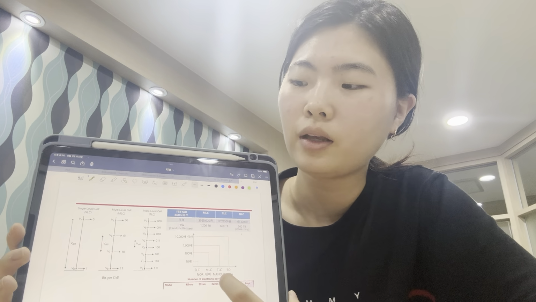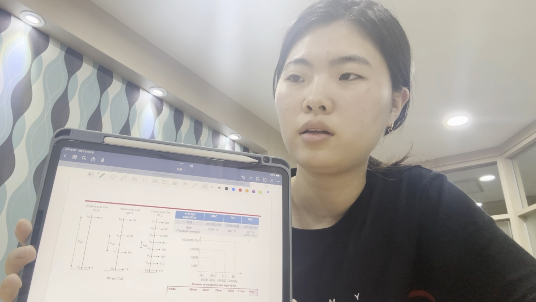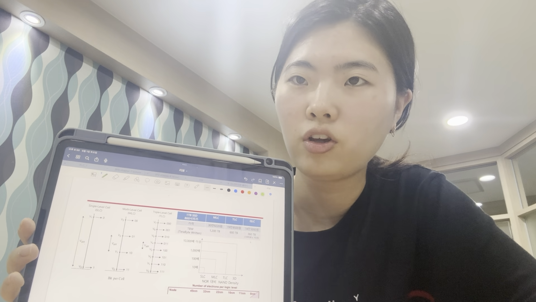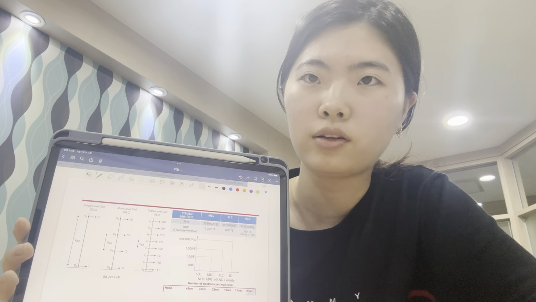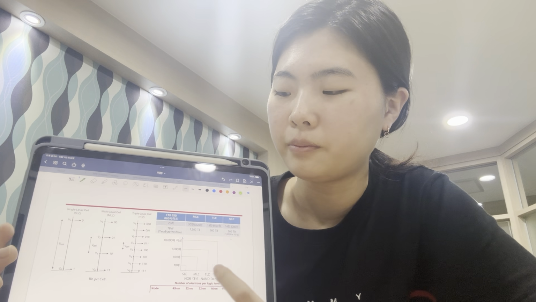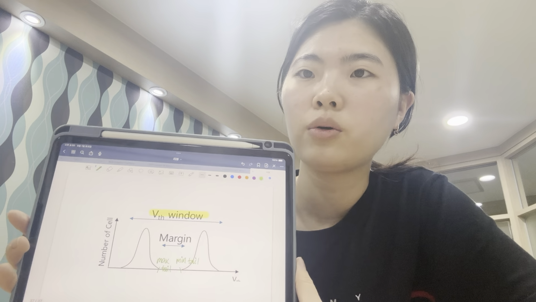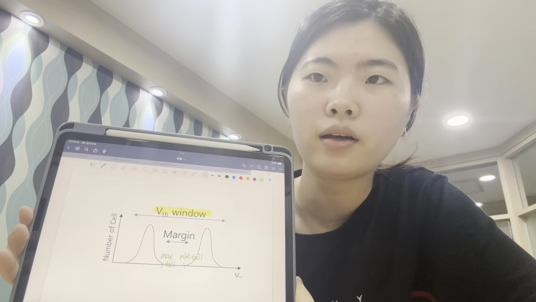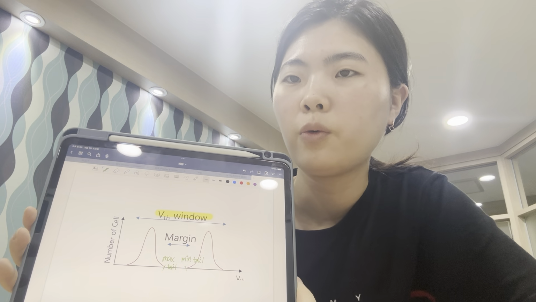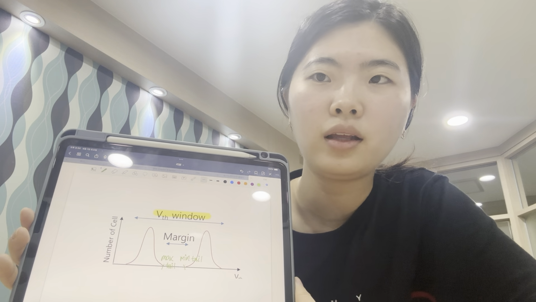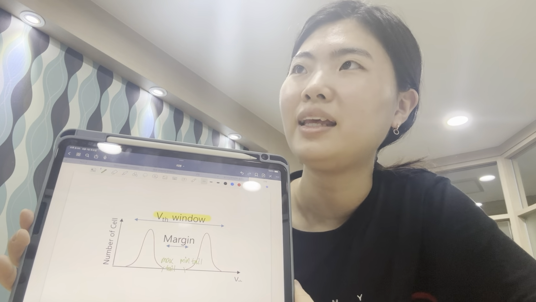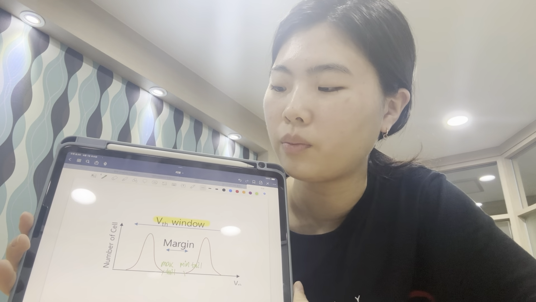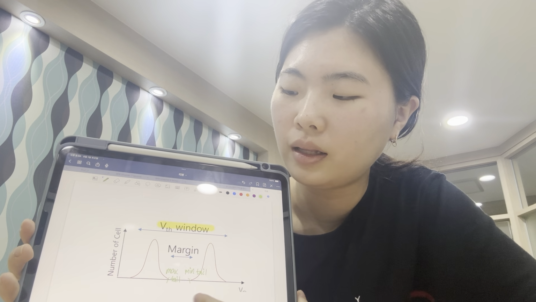However, nowadays engineers make this technology to save more data on the device. Saving more data is very important, so we should make smaller, many VT distributions. So this is the VT window.